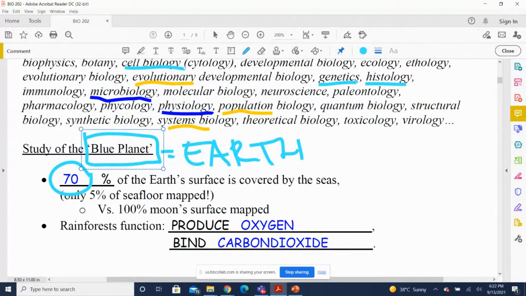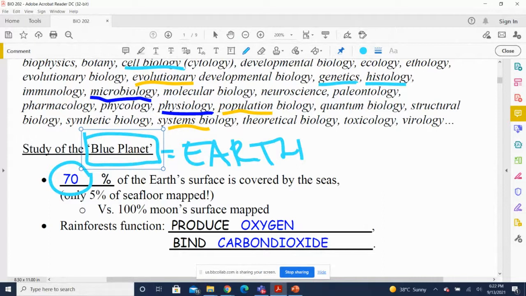CO2 emissions, for example, have been linked with climate change and the overall increase in global temperatures.